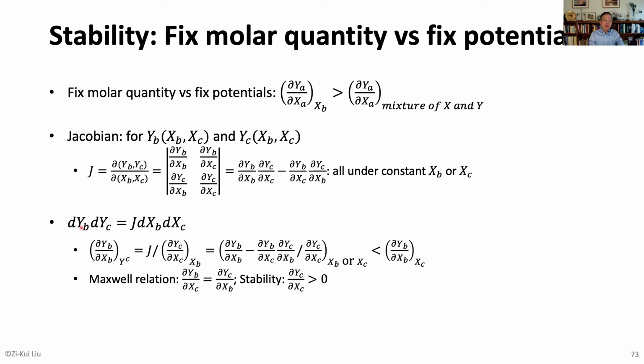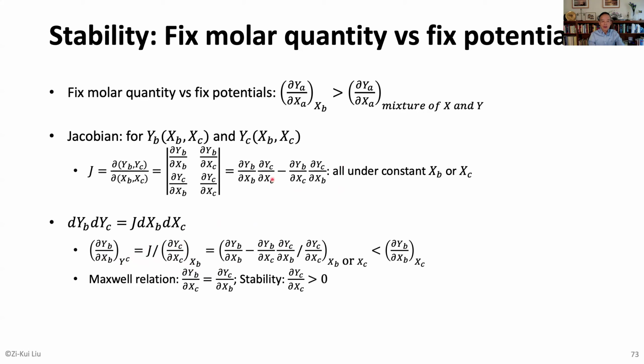Now we can do dYB, right? The derivative with respect to XB, with YC constant, will be equal to J divided by YC to XC. So we basically move YC to the other side. This is with YC constant, and XB constant. Then we know that the Jacobian has this representation. So we take this one here and put it in here. So this one divided by YC_XC.